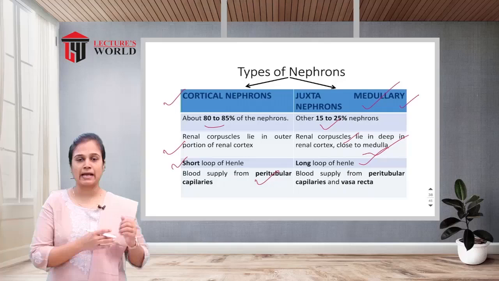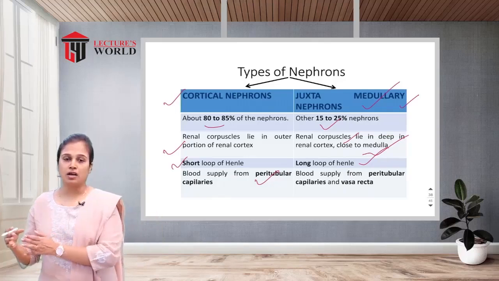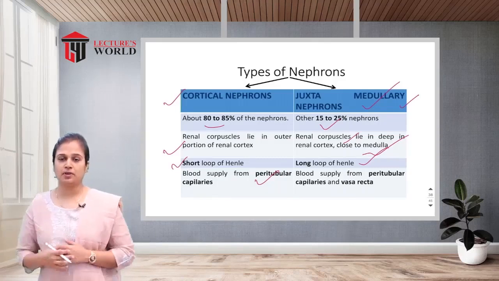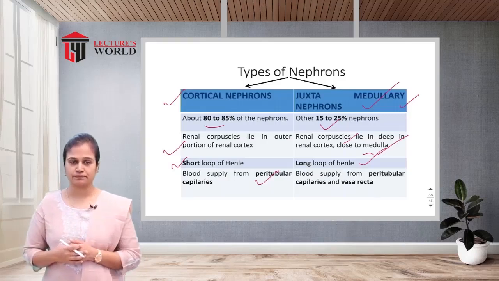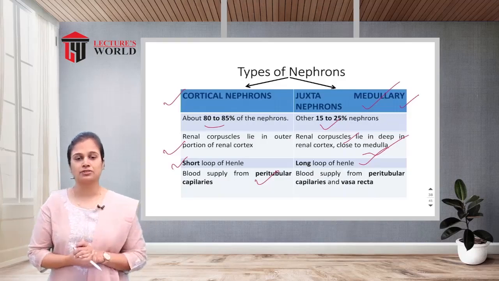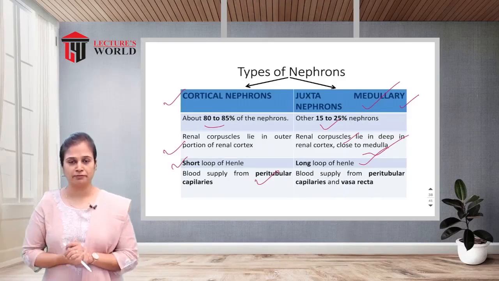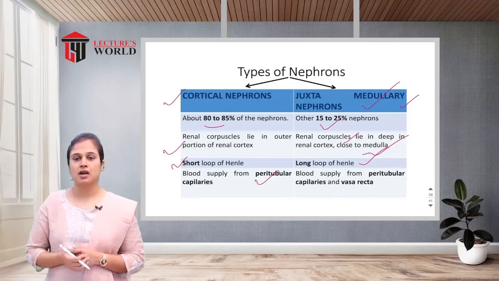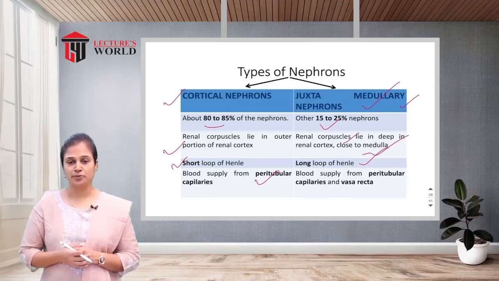Cortical nephrons lie in the outer portion of the renal cortex, whereas the juxtamedullary renal corpuscle lies deep in the renal cortex, close to the medulla. Cortical nephrons have a short loop of Henle, whereas juxtamedullary nephrons have a long loop of Henle. Cortical nephrons receive blood from the peritubular capillaries, whereas juxtamedullary nephrons receive blood from the peritubular capillaries and the vasa recta.